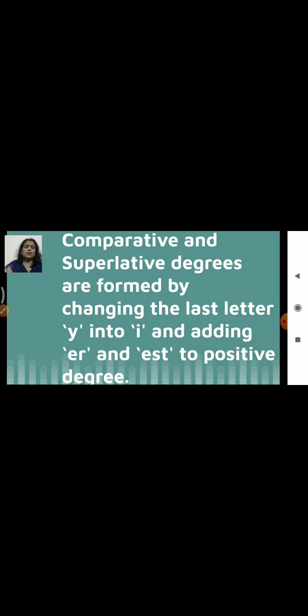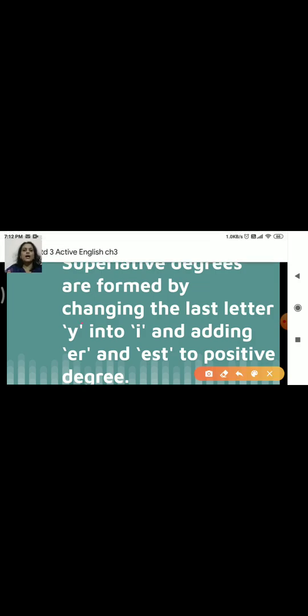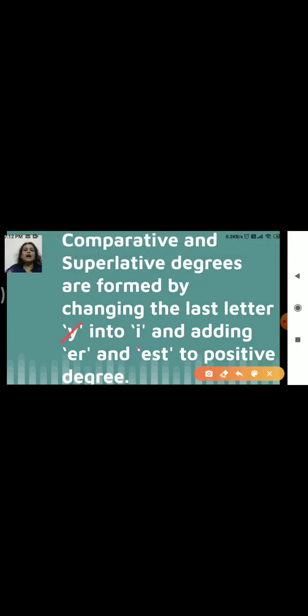There are many words which end with the letter Y. When these types of words are there, what do we do? We change the last letter, that is Y, into I, and we add ER and EST to the positive degree.